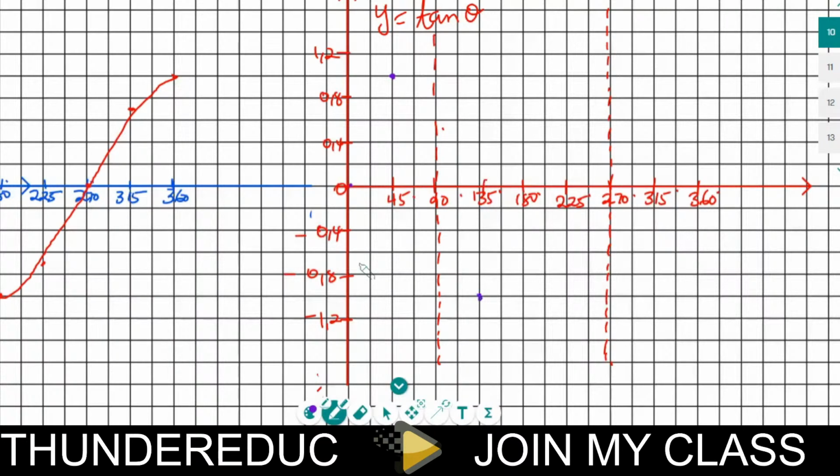And then if it's 180, we have a 0. And then at 225, we have a 1, which is somewhere there. And then 315 is a negative 1. And then 360 is a 0. So what is left for us to do is just join those points and get the graph.